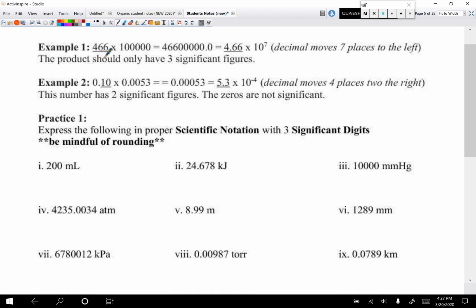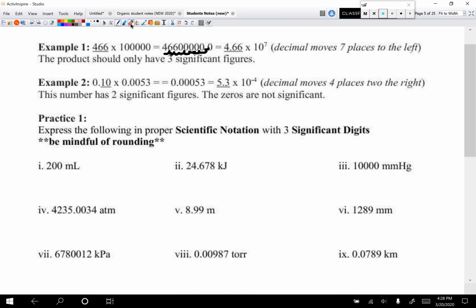Way too much considering we only need 3 significant digits from 466. So therefore, we move this decimal place. It moves backwards, or moves to the left, sorry. 1, 2, 3, 4, 5, 6, 7 places.